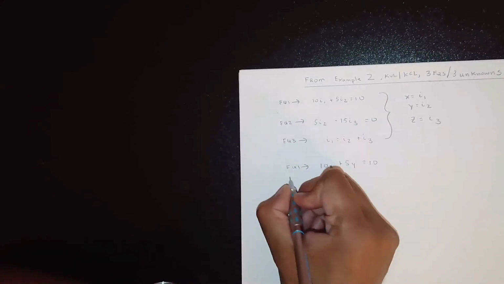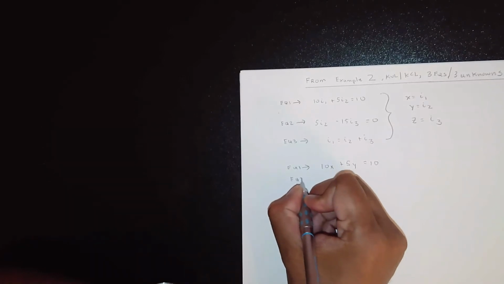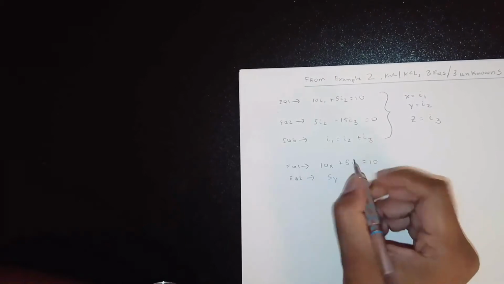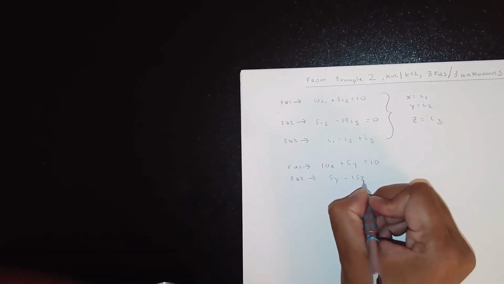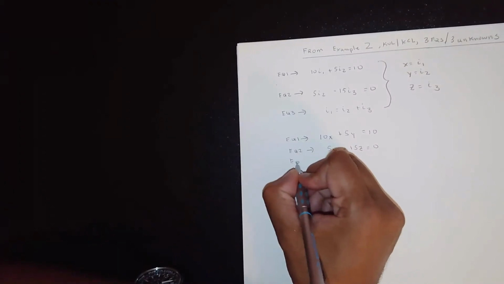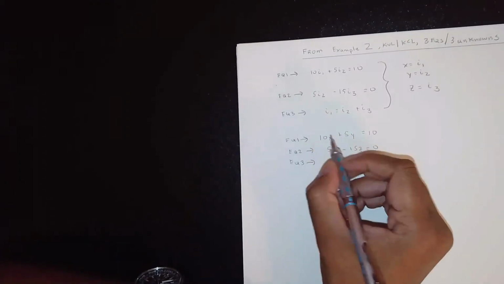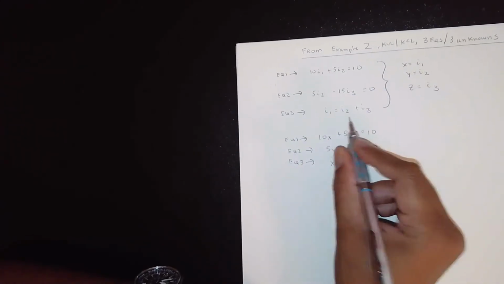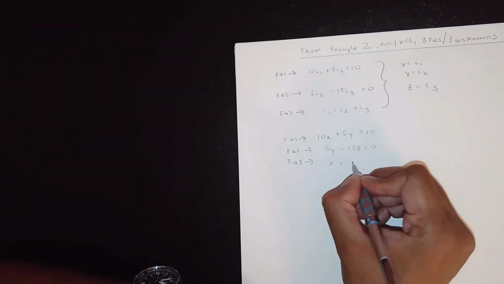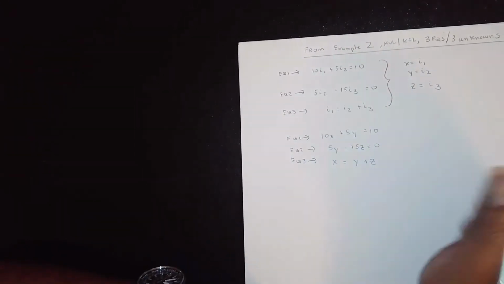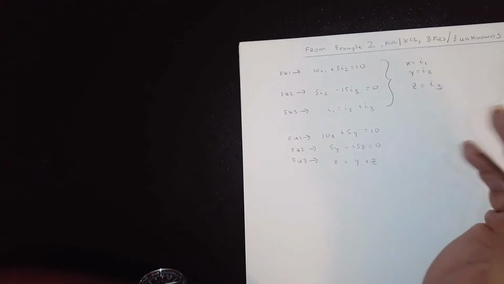Equation 2, 5y minus 15z is equal to 0. Equation 3 is x equals y plus z. Again, x is I1, I'm sorry, I2 is y, and I3 is z. These are three equations, three unknowns, and we just simply solve for it.